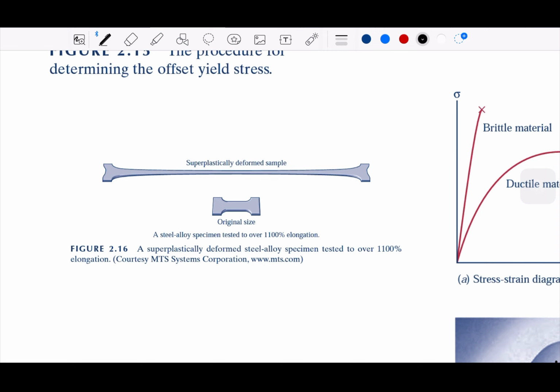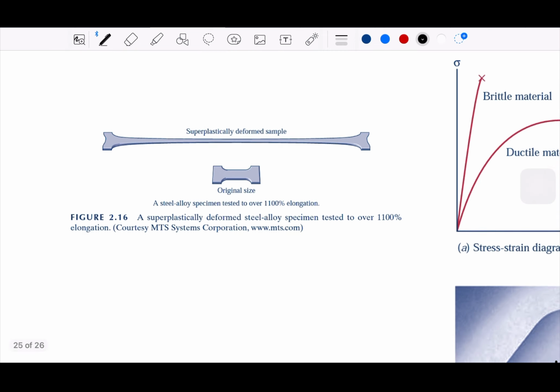From the original size, we deform it like a rubber, maybe similar to rubber. So this is about ductility.